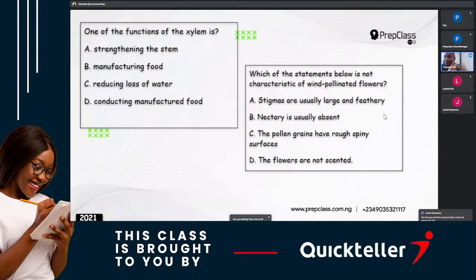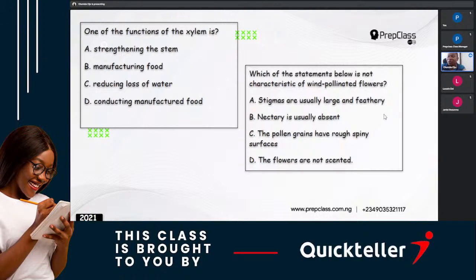So then again, another thing is about the pollen grain of the wind pollinated flower. The pollen grain must be small, but the number of pollen grains must be large. Why the pollen grain must be small is that the wind can be able to carry it from one place to another place.